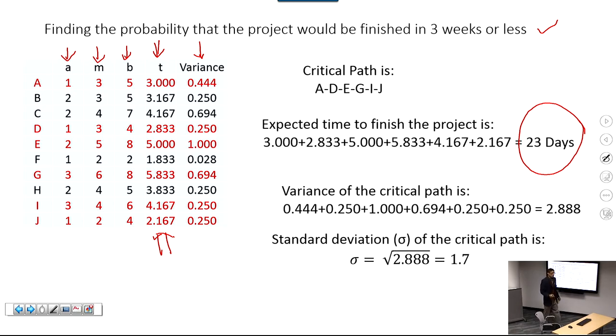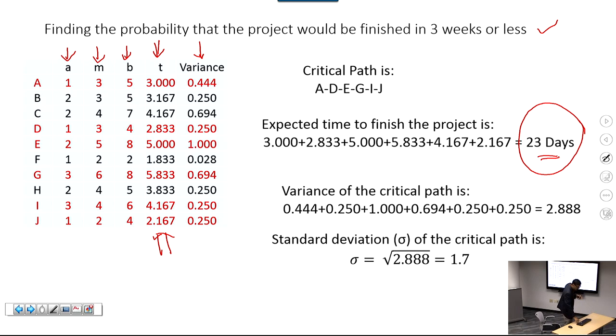So you cannot talk about certainty of project completion in 23 days. You can only talk about the probability of project completion in some number of days, right? And those days are 3 weeks here. So what do those 23 days mean? 23 days means that the project is expected to be finished within 23 days, right?